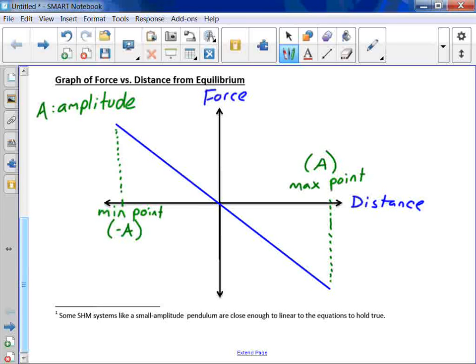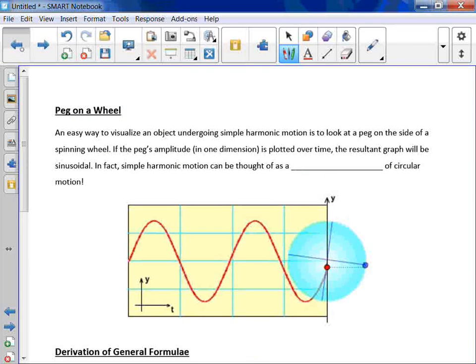For example, we can take a pendulum, and as long as we're not pulling it up too far, the lowest point is approximately following a linear path back and forth. So we use something called small angle approximations. It's a grade 12 trig concept, but we'll do that on Monday. For now, it's just a footnote. Any questions so far?